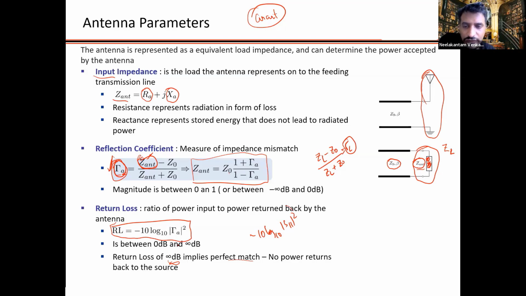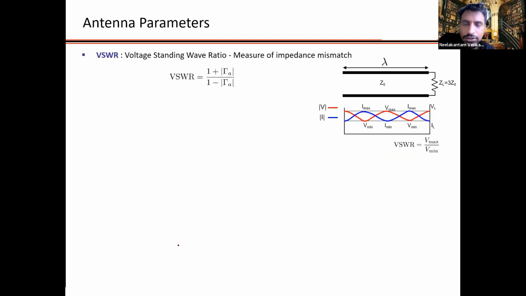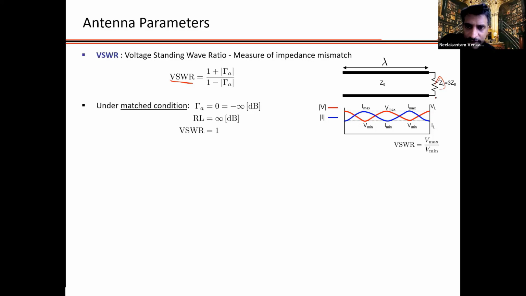It's all the same expression. Since we defined VSWR before, which we could also read from the Smith chart, we can have the same standing wave ratio defined for the antenna as well. Just that in this case, the antenna is the load. ZL becomes the antenna impedance.